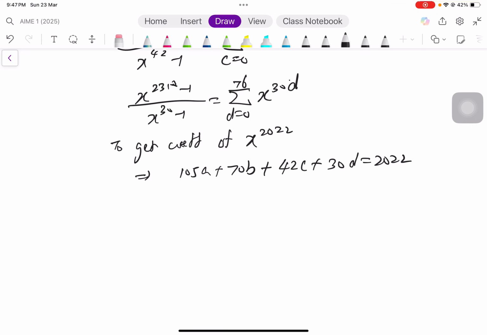All right, okay, that means you are finding the number of quadruples.